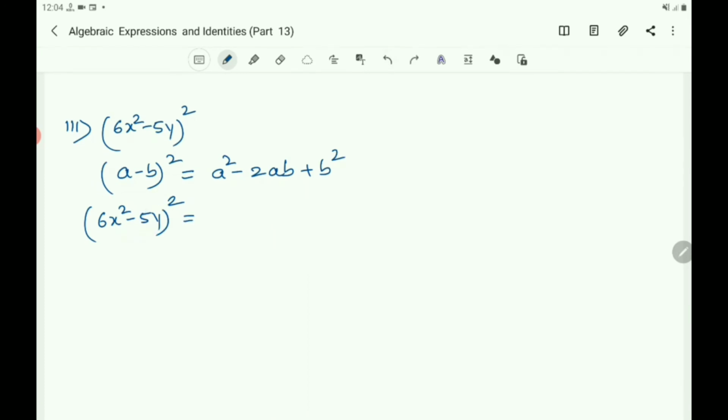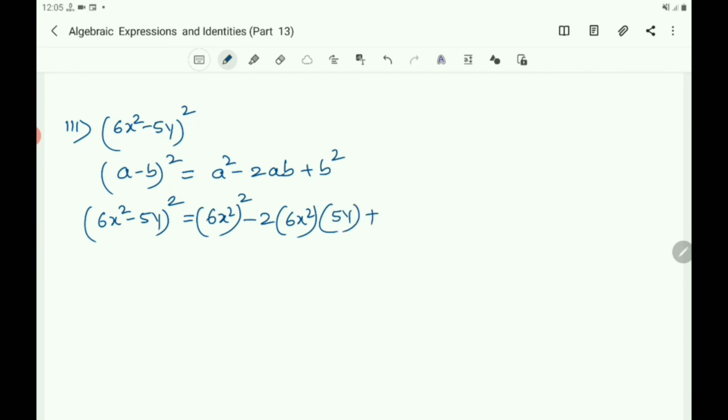Now you write a square, the square of the first term, 6x square whole square, minus 2 into a, which is 6x square, b is 5y, right?